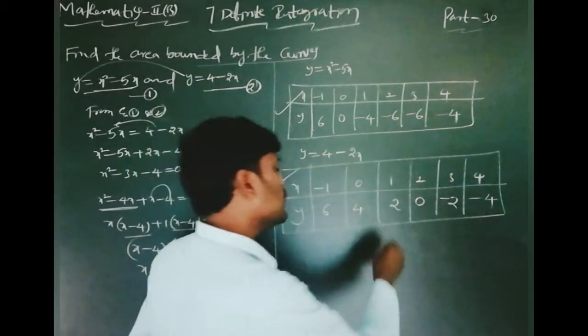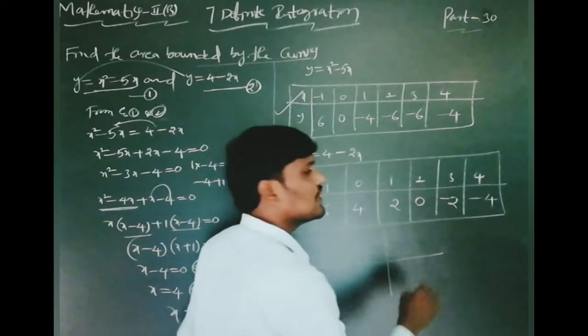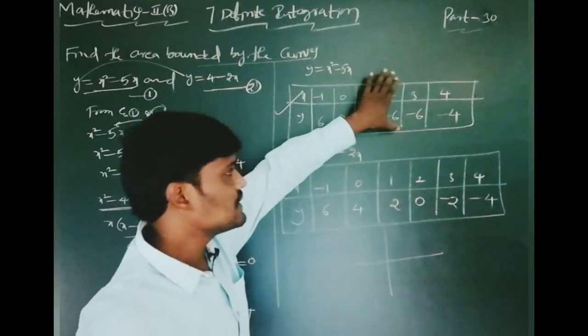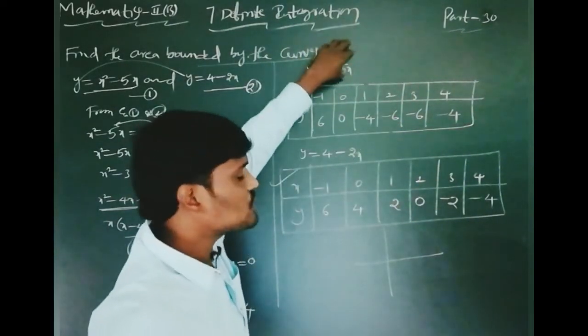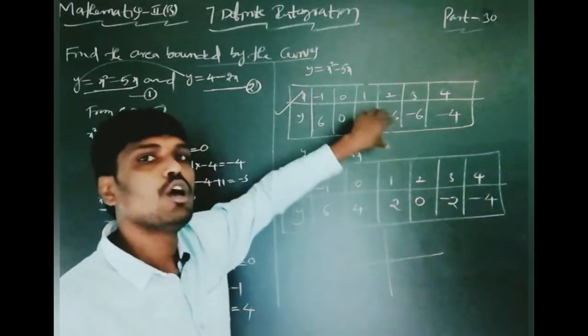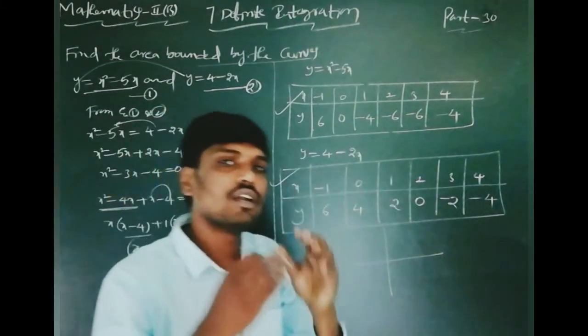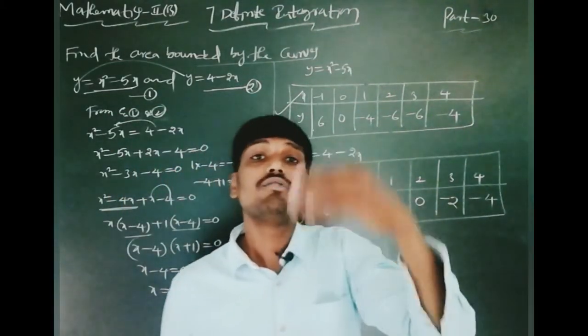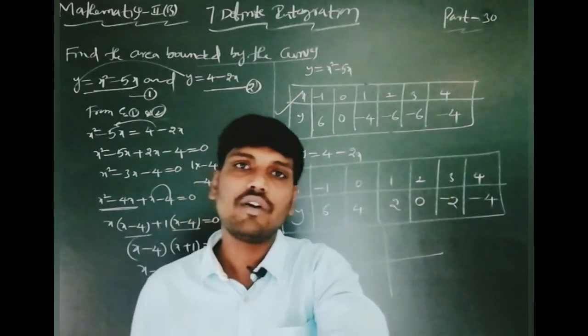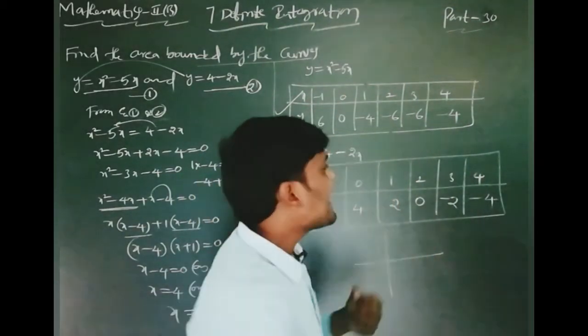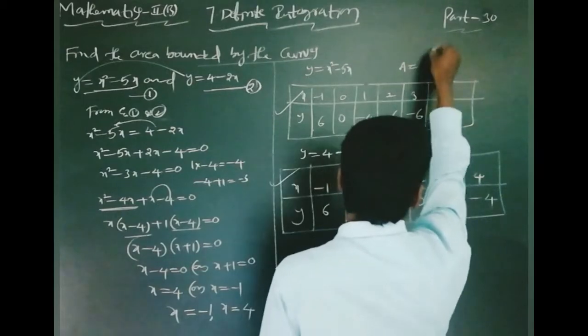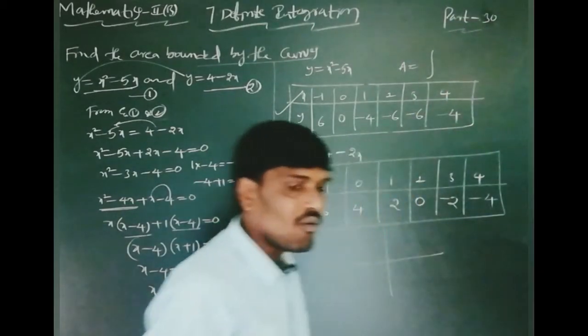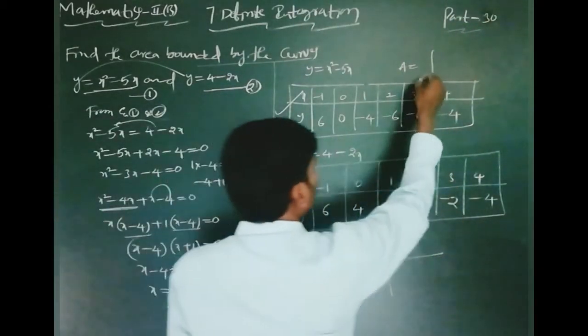After that, you can draw the curves. By using this table, you can draw the first curve. By using this table, you can draw the second curve. After that, which curve is greater, you can identify it. After that, you can write area capital A is equal to integral. What are the limits here? -1 to 4.